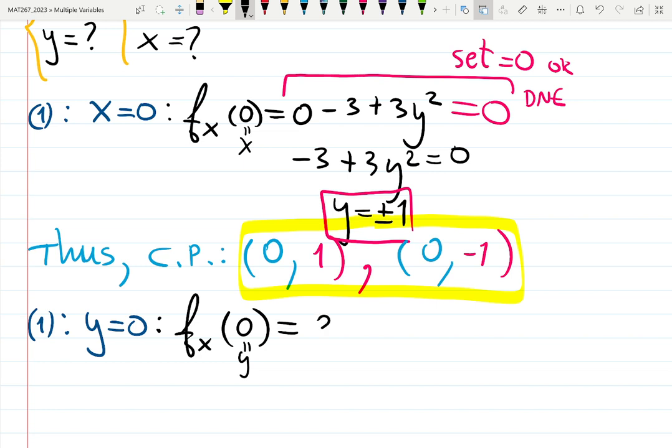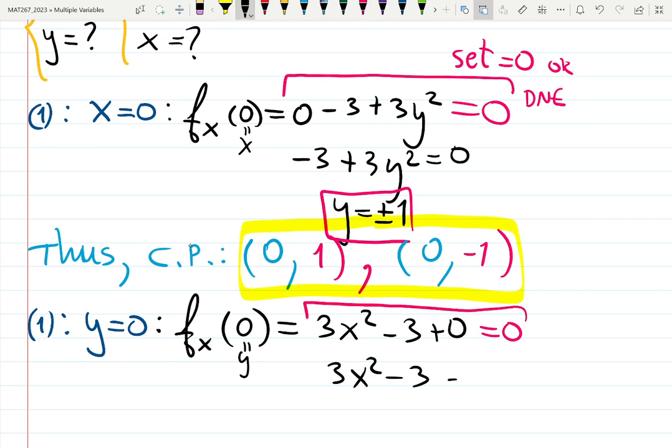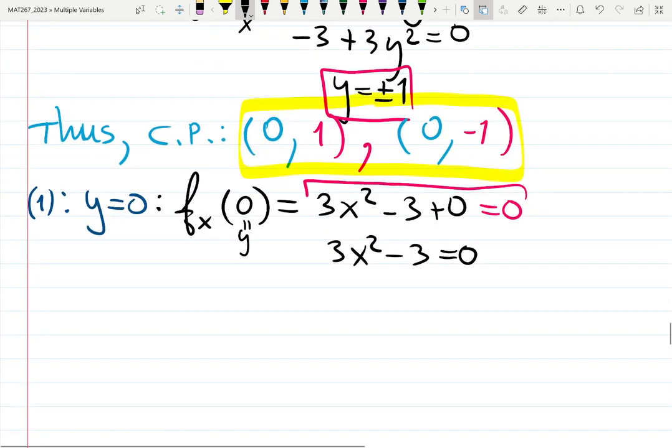It equals 3x squared stays, minus 3 stays, and then plus 0. Set it equal to 0 and solve the equation: 3x squared minus 3 equals 0. Same as before, x squared equals 1, x equals plus or minus 1. We have 2 points again.